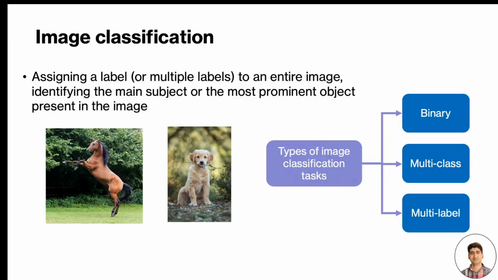The objective of image classification is to assign a single label, or sometimes multiple labels, to an entire image that identifies the main subject or subjects in the image. Image classification comes in 3 different flavors: binary classification, multi-class, and multi-label. Let's see how these methods are different.